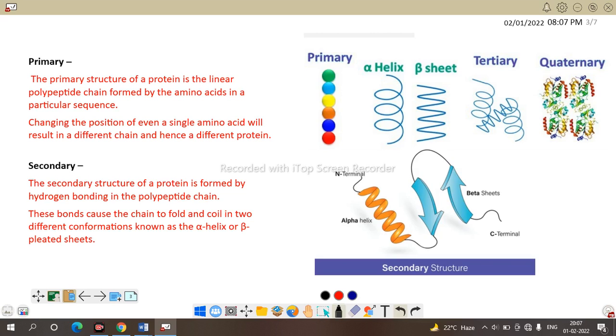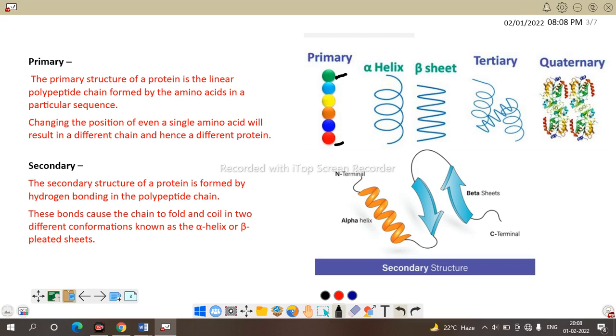If the sequence is changed, suppose this red button is at the apex and the blue button is at the base, it changes the structure and indicates a different protein. So it is arranged in a sequential manner. A change in position indicates a different protein in the primary structure.